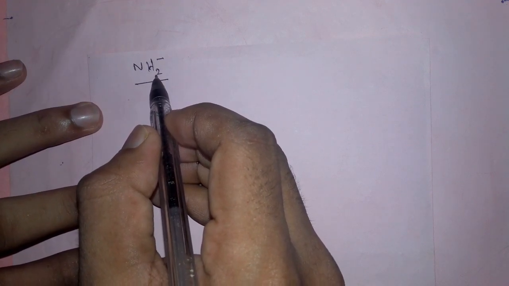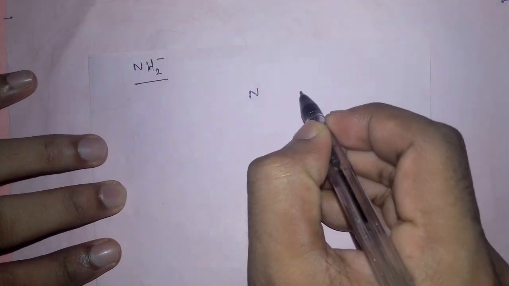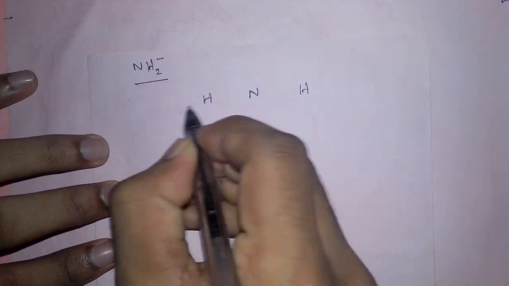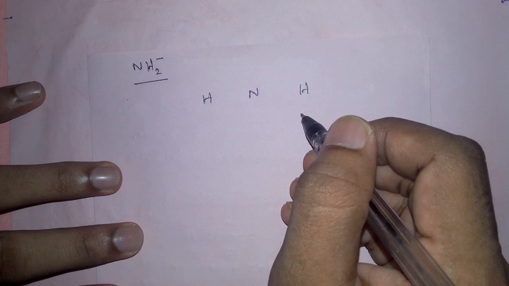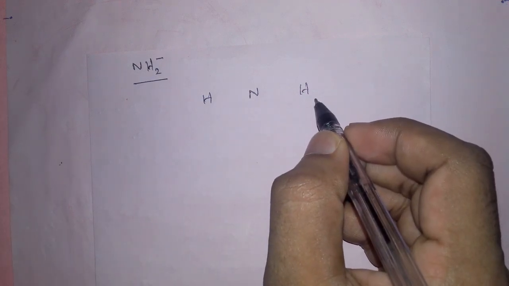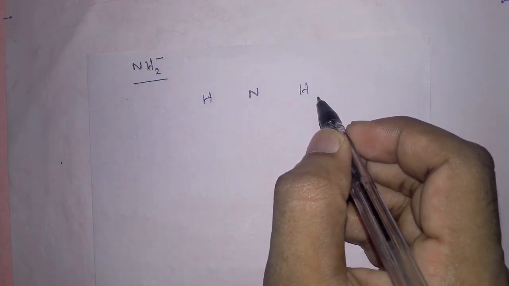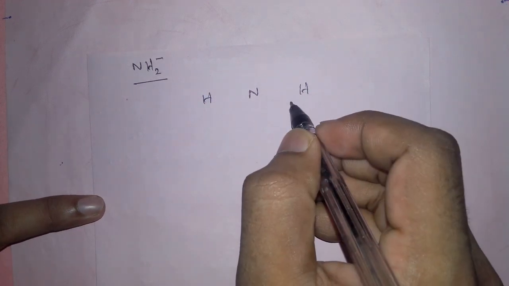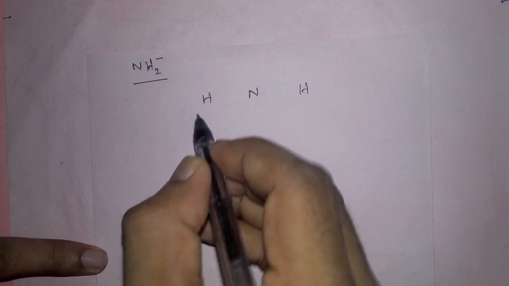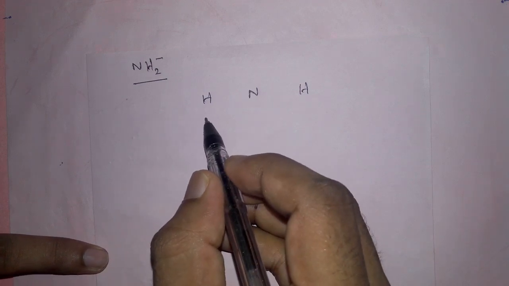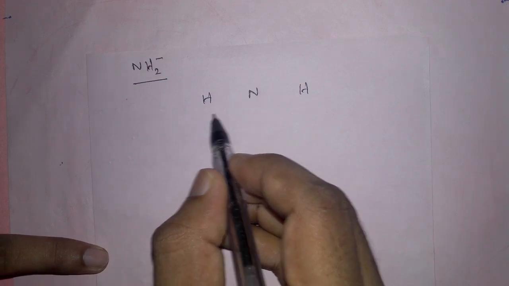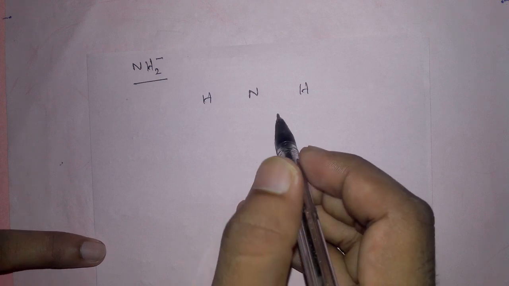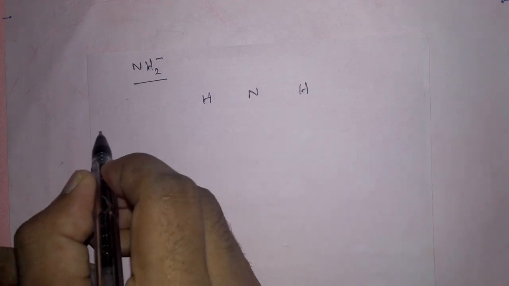So nitrogen should be the central atom. We can sketch this molecule like this. And next one is calculation of the number of electrons present in valence shell of each atom.